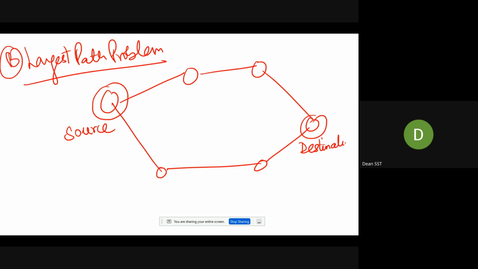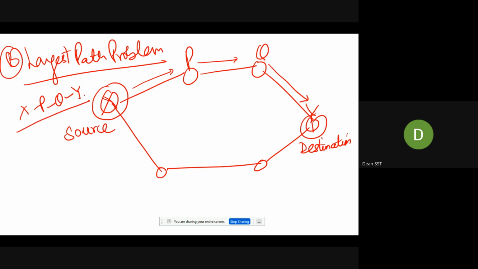We have to find the longest path from the source to the destination, that is from X to Y. Suppose the longest path is this: from X to P, P to Q, and Q to Y. Is it clear? This is the longest path.